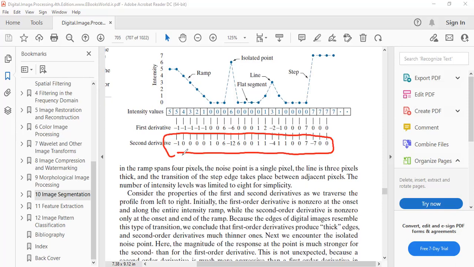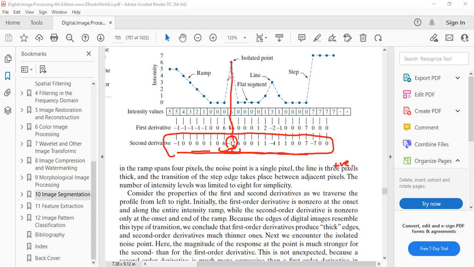So from these values, how can we say the edges and isolated points are available? Observe this strip now. Whenever there is a negative number and left and right sides of the negative number are positive, then that point is called an isolated point.